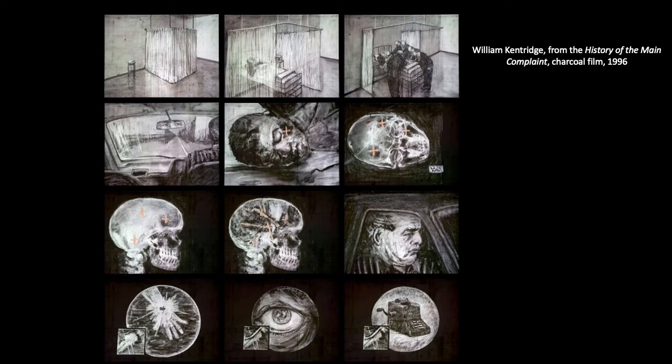Kentridge is a South African artist. He makes these short animated films using large-scale charcoal and pastel drawings. One drawing is used for multiple frames in the film. The drawing is successively altered through erasure, additions, and redrawing, and then photographed in 16 or 35 millimeter film at each stage.